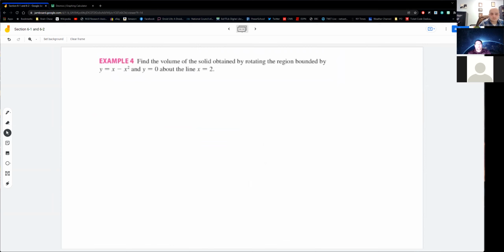this one we're going to find the volume of a solid by rotating this region around x equals 2. So what we have is this.